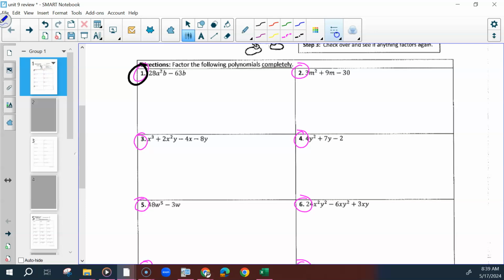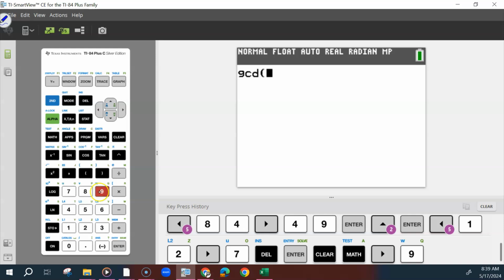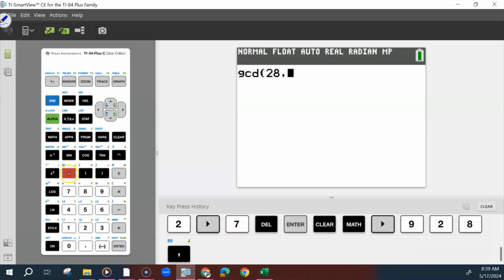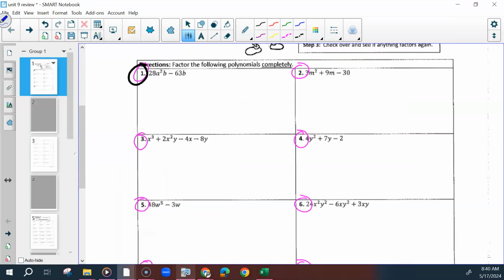You can use your calculator: go into math, go over to number, go to GCD, and type in those 2 numbers, 28 and 63, with a comma in between. Or you could list out on the side factors of 28, factors of 63, and see which one is the highest. 7 would be the GCF.